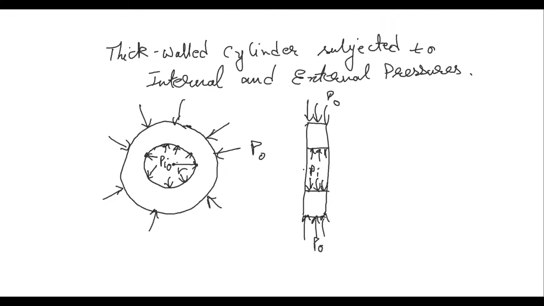If I take this distance as A and this distance from the center as B to find out the state of stresses, I am naming the internal radius to the internal fiber as A, and the external radius to the extreme fiber of the material is taken as B.